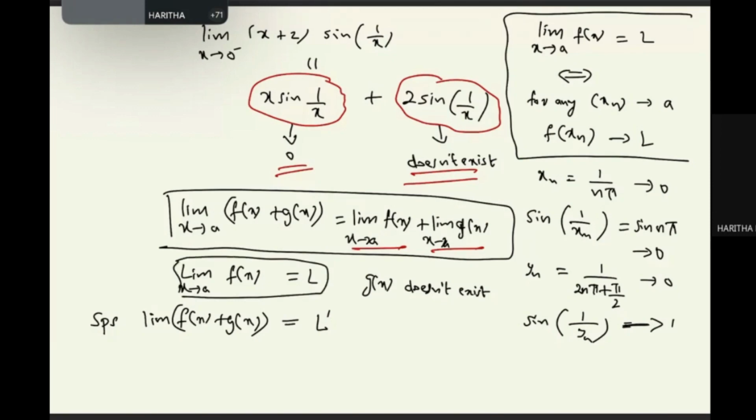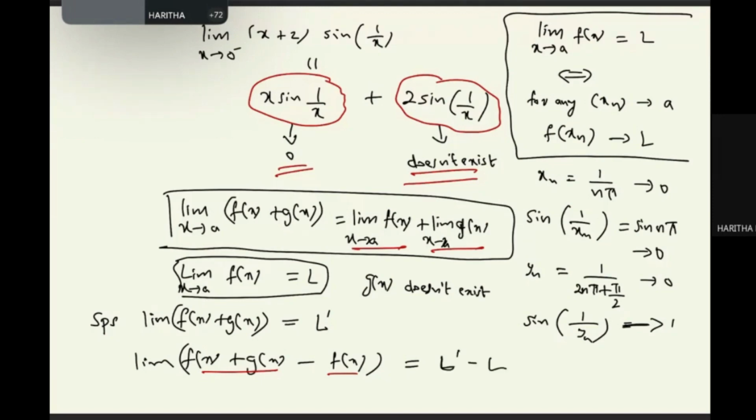From the algebra of limits, this can be seen as a difference of two terms where both limits exist. So this limit exists and the value is L prime minus L.